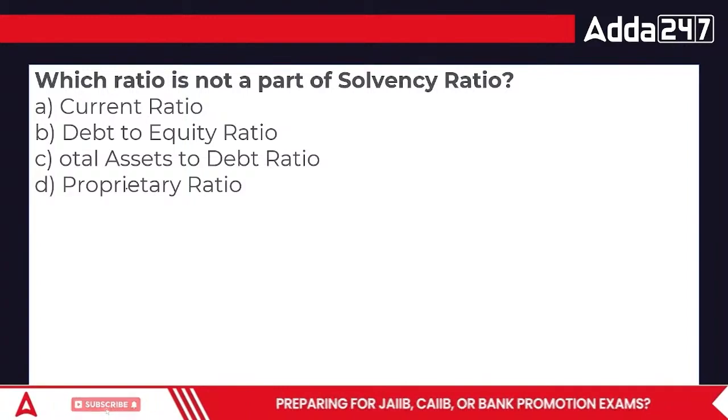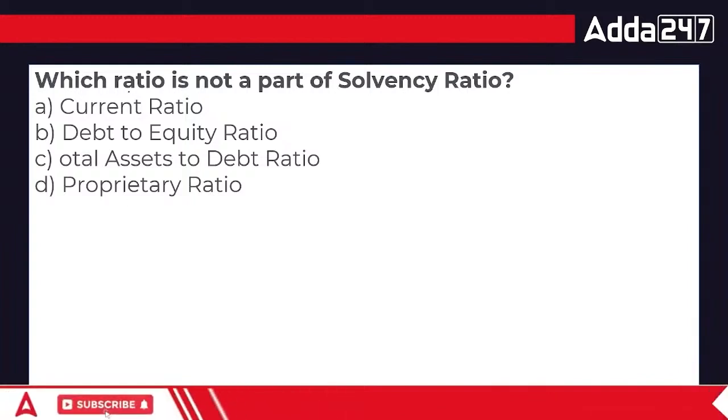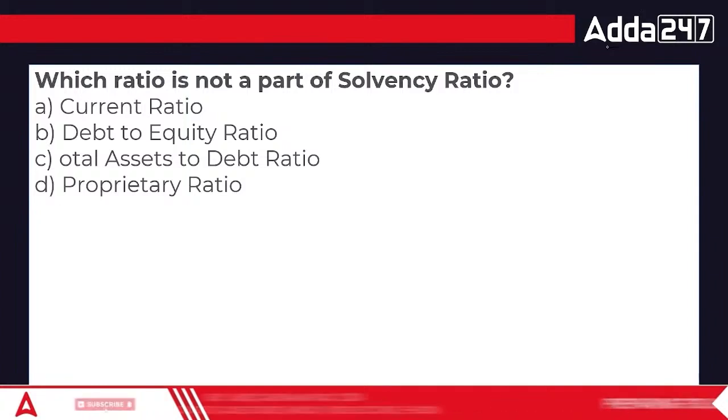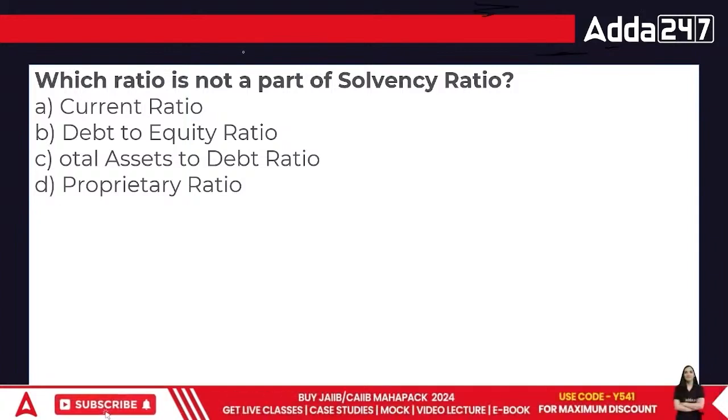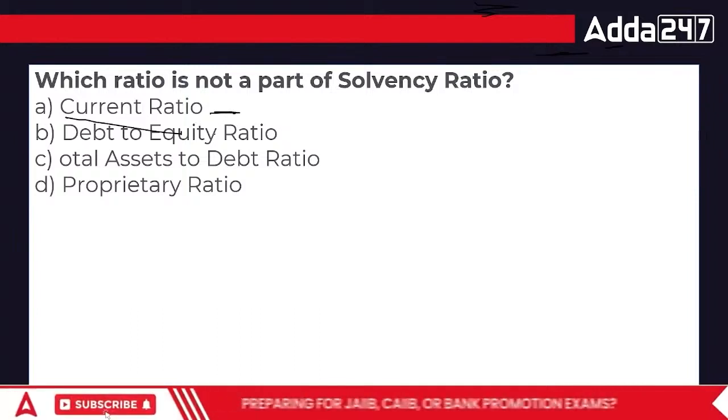What will be the answer, everyone? Which is not a part of solvency ratio? Solvency ratio talks about the money which can be easily paid. We have money to pay it off. The answer would be current ratio. Current ratio is a liquidity ratio. This ratio is liquidity, and the rest everything qualifies for solvency.